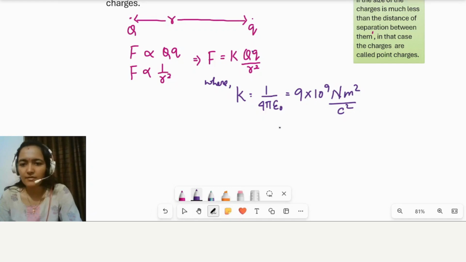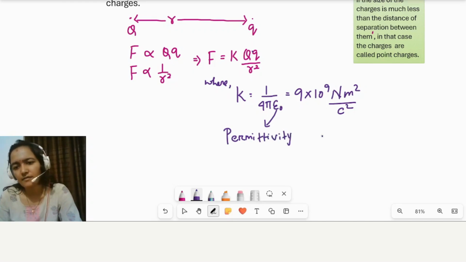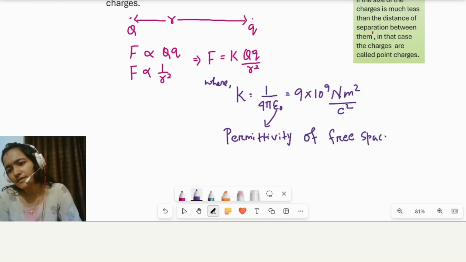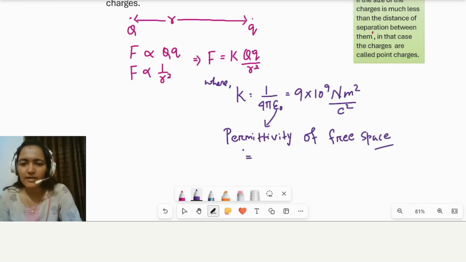Now this epsilon naught here also has some value, and this is called the permittivity of free space. First let me tell you what is permittivity.